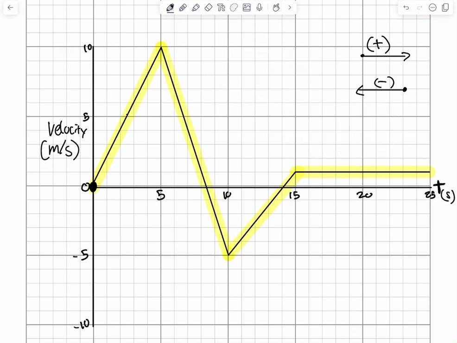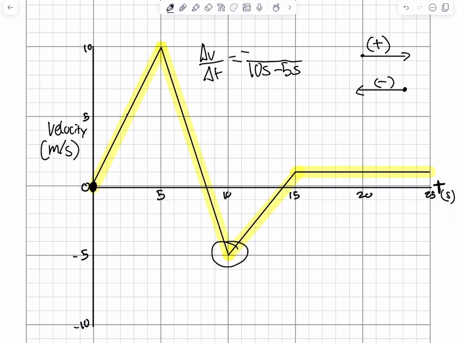Little spookier. So, delta V over delta T. Delta T is easy. Let's do that first. We go from 5 seconds to 10 seconds. So, 10 seconds minus 5 seconds. Final minus initial. Great. Now this velocity is our final.